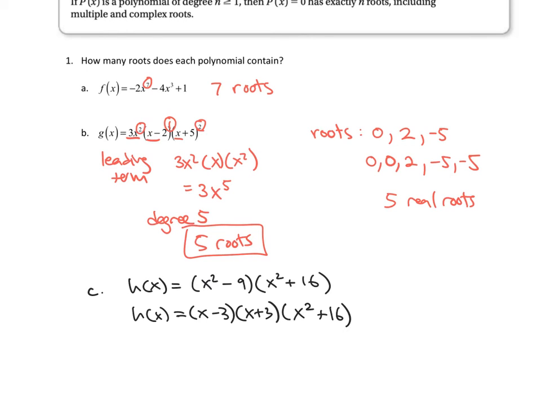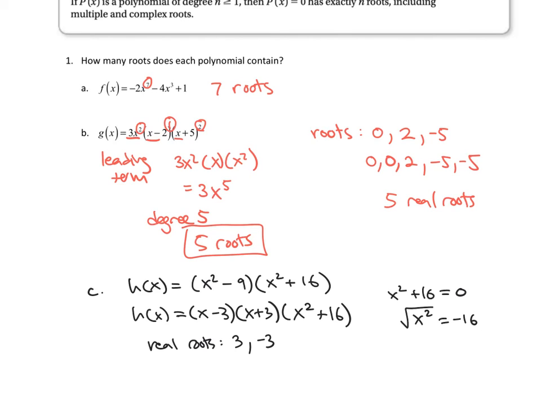Okay, so for my real roots, we get positive 3 and negative 3. But if I set x squared plus 16 equal to 0 and solve, we get x squared equals negative 16.